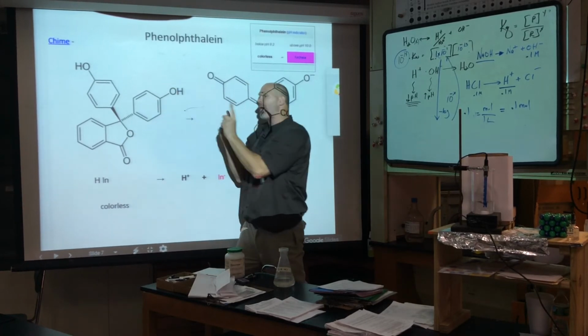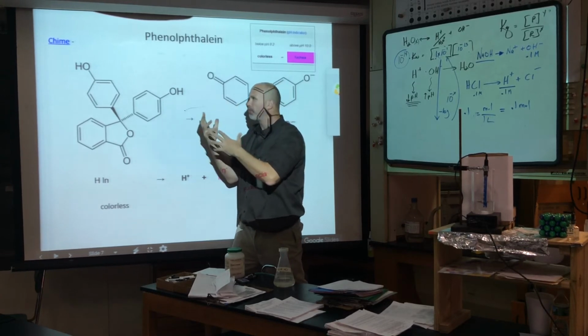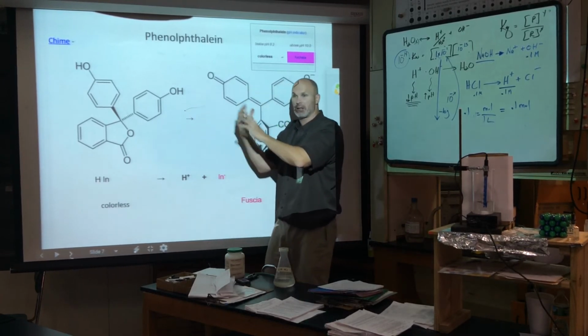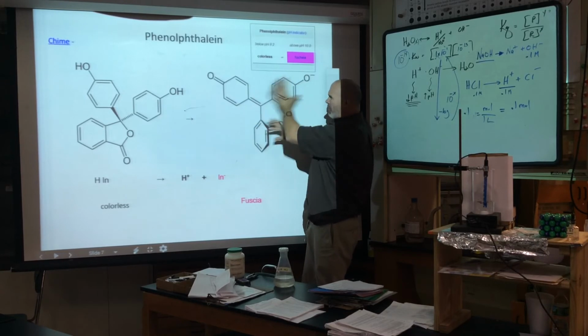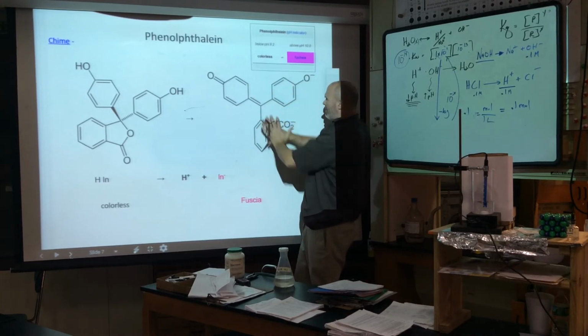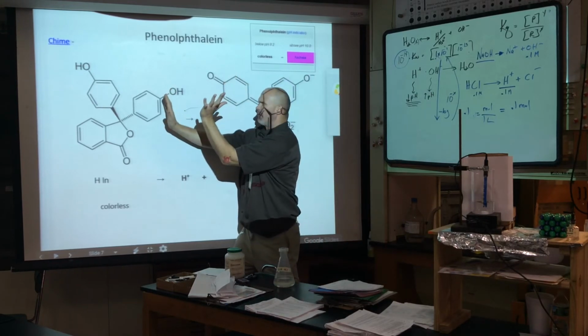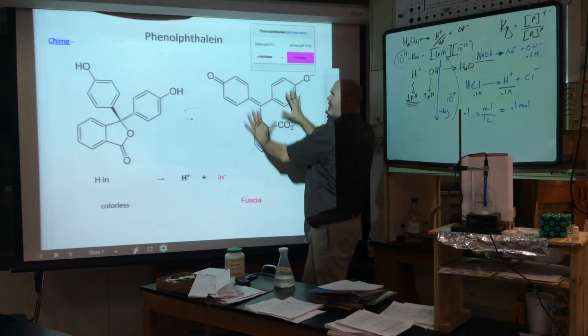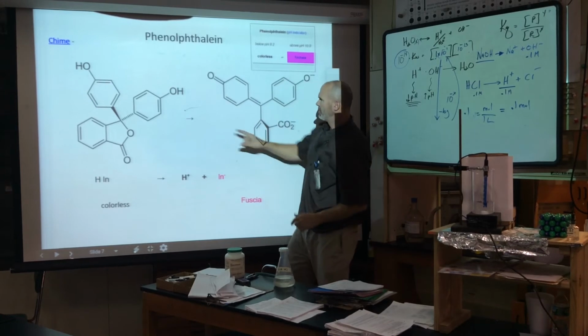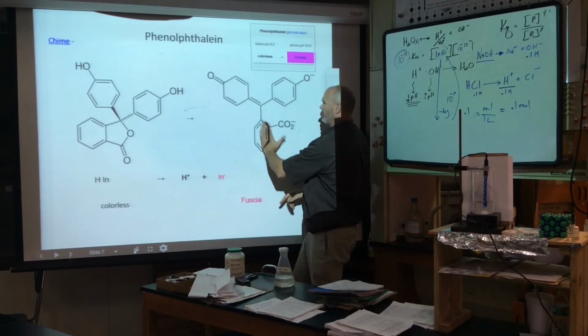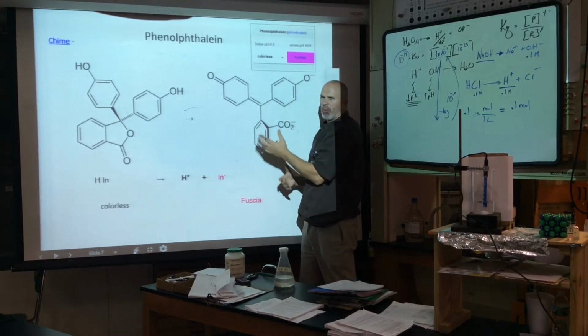When it loses the two H's, because of the protons and the positivity and how electrons work, this readjusts its electrons in a way that this is now planar. This was once like this. And now it's flat, and this one, notice, turns a little bit, this is coming at you. You say, okay, why and how?